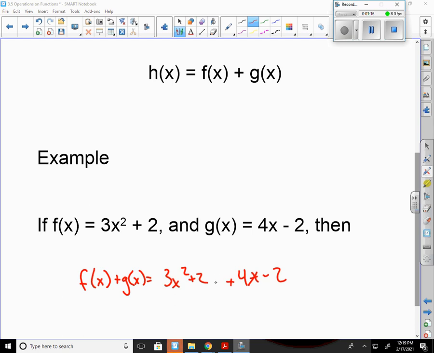Combine those two. The 3x squared stays by itself because we can only combine like terms. Plus 4x, and then 2 minus 2 is 0, so we're done.